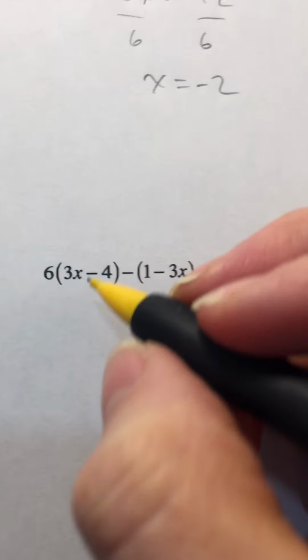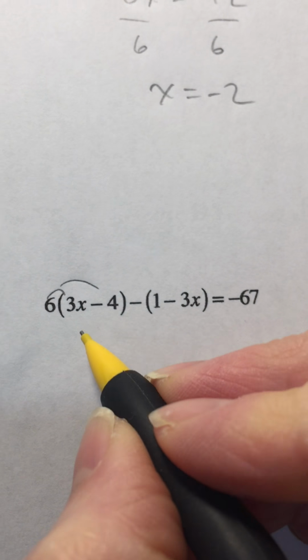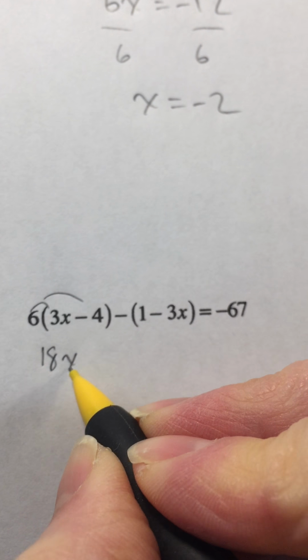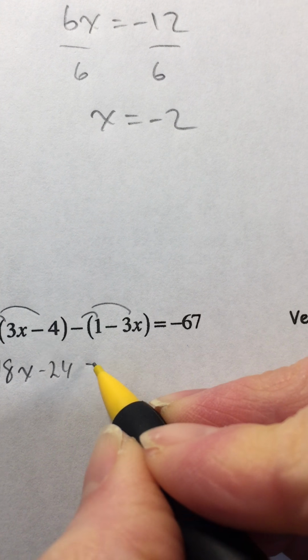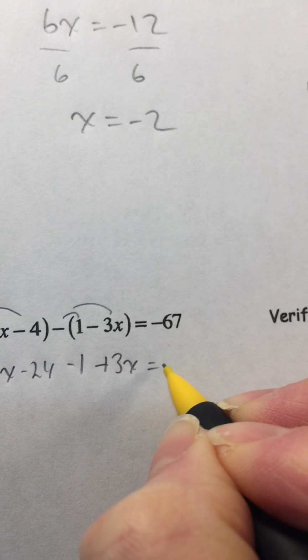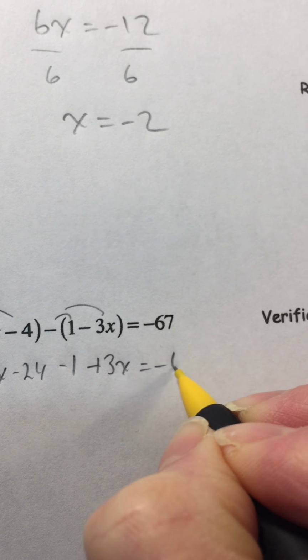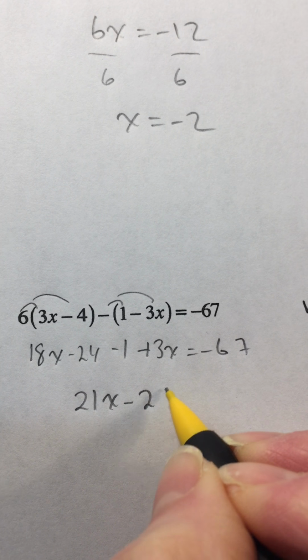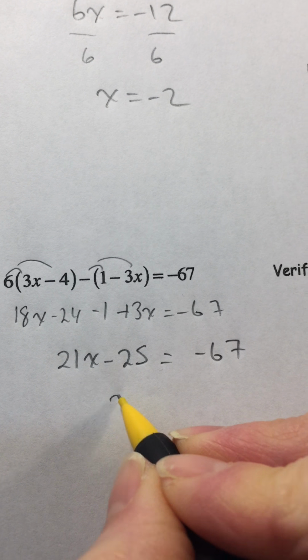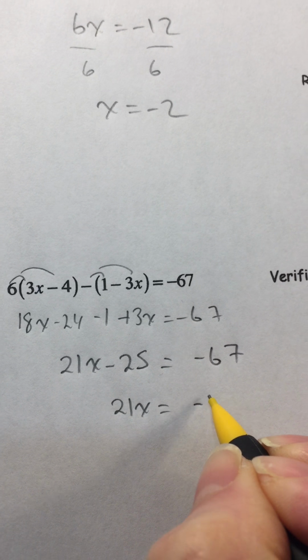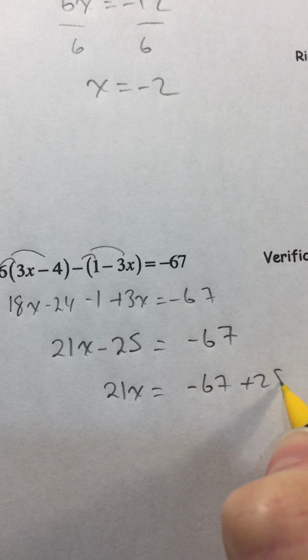Okay, second one, we're just going to distribute over the 6. 18x subtract 24. Distribute over the -1, the minus. Okay, then we're going to group on this side. 21x subtract 25 equals -67. 21x equals -67 plus 25.